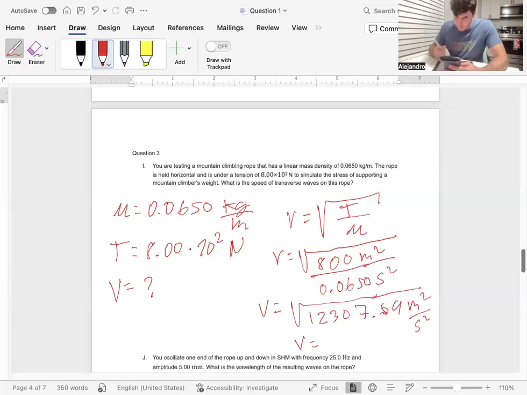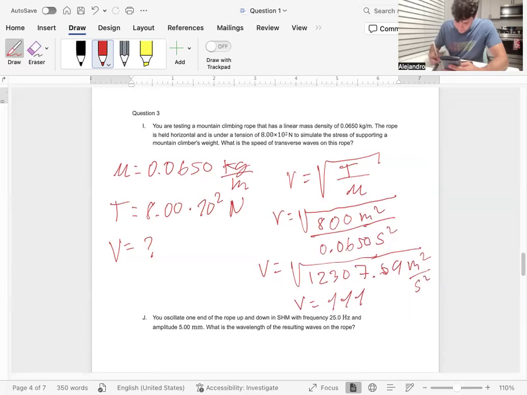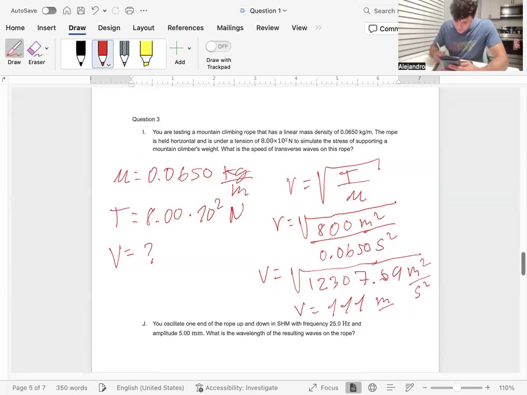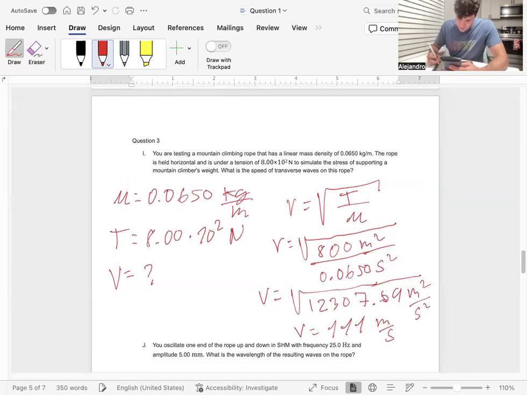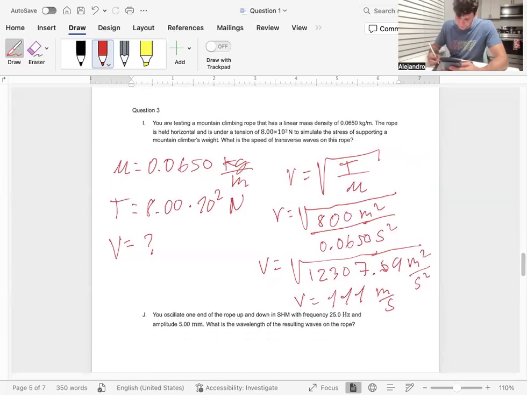This will be roughly 107 meters per second. That will be the speed.